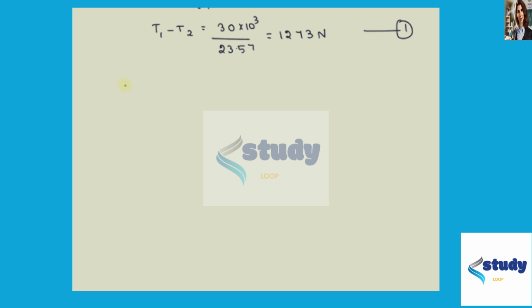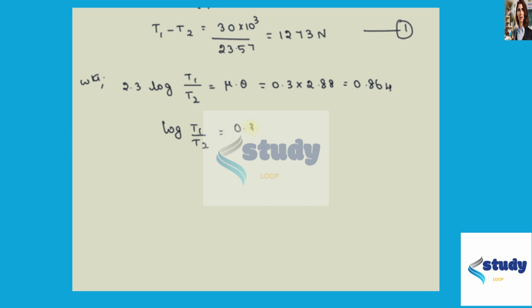And now we know that 2.3 into log of T1 by T2 is equal to mu into theta, which is equal to mu is 0.3 into theta is 2.88, which is equal to 0.864. So now we get log T1 by T2 is equal to 0.3756, or we get T1 by T2 is equal to 2.375.